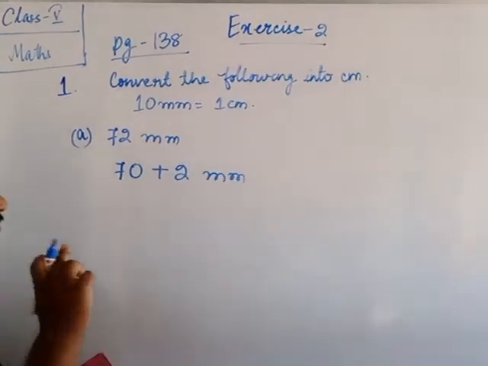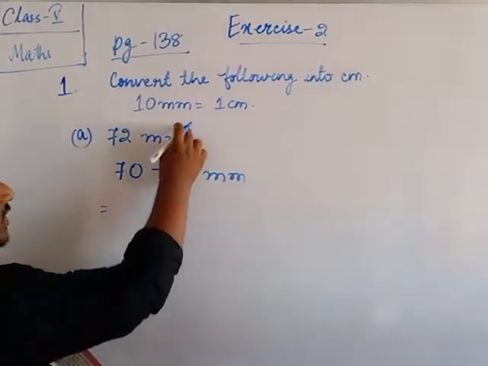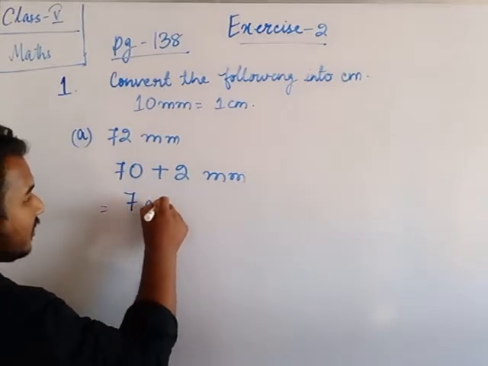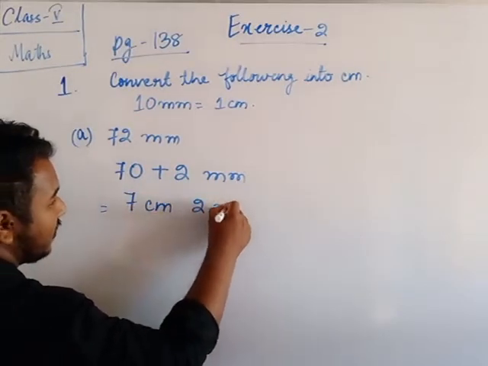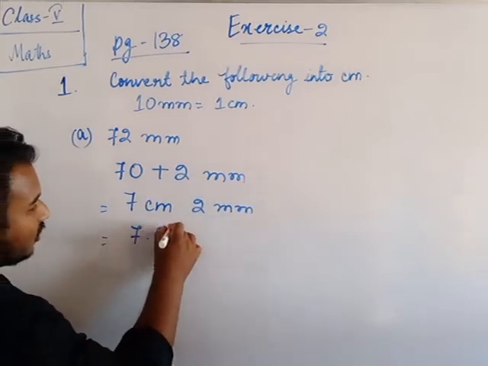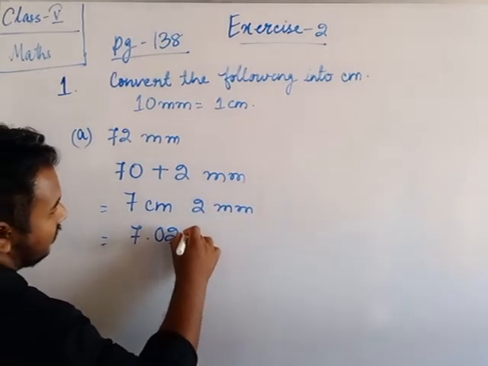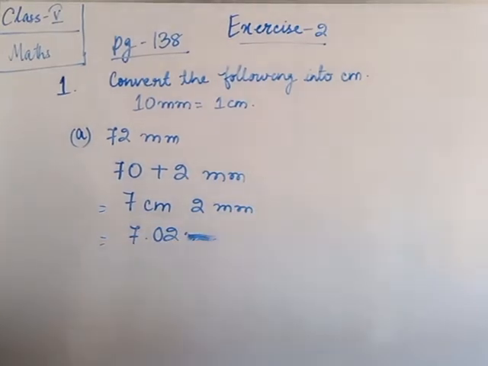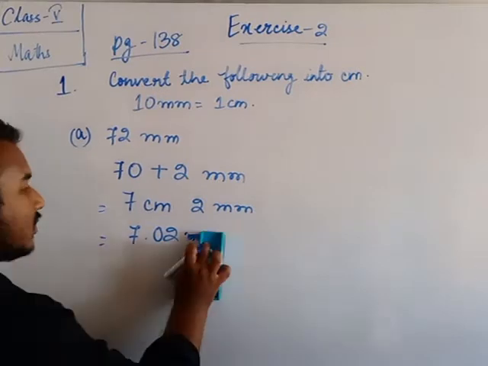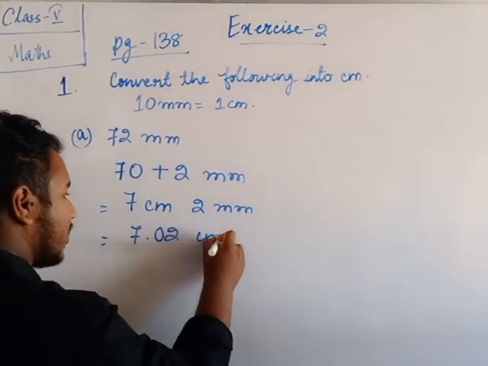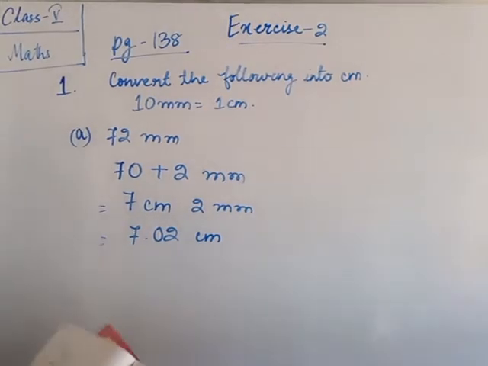Clear? 70 millimeter, 10 millimeter is equal to 1 centimeter, so 7 centimeter 2 millimeter. Now you write 7.02 centimeter. This is your solution.